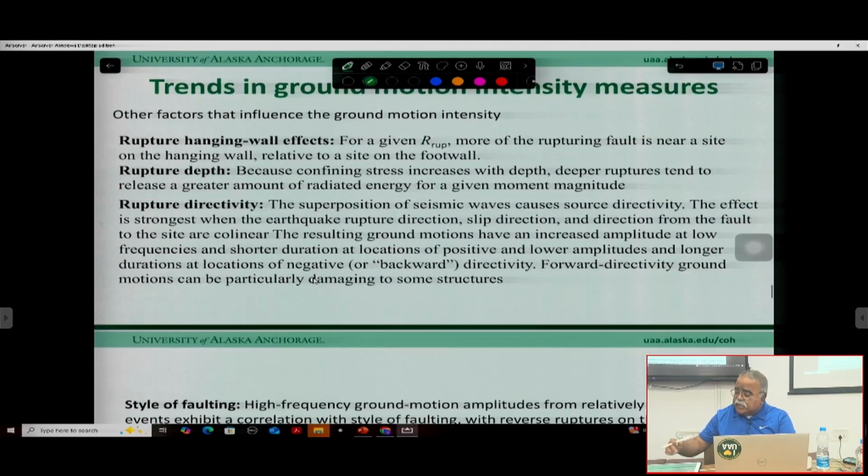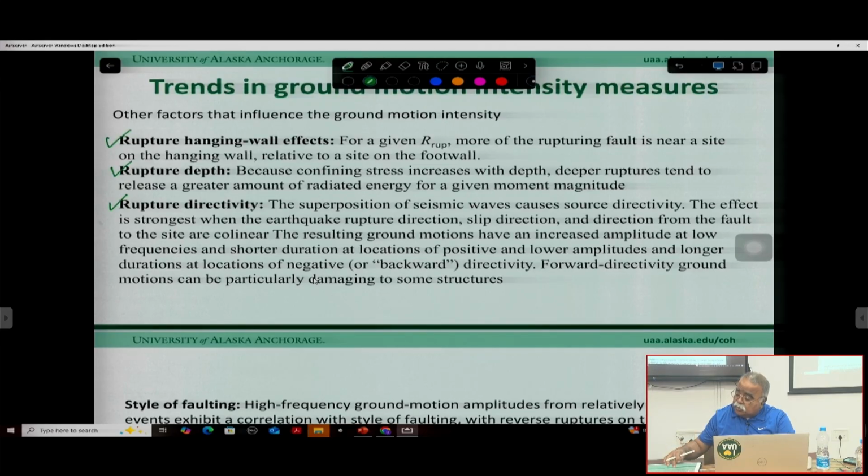So we are saying that the intensity measure depends on the hanging wall effect. The intensity measure depends on the depth of the occurrence of the earthquake. Intensity measure also depends on the rupture directivity. Yesterday I told you how the rupture directivity changes the peak values and hence the spectral acceleration, spectral velocity, and all these numbers.